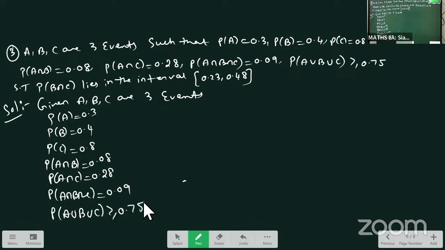This is the given value. We have to find out the interval of P of B intersection C, which is 0.23 to 0.48.